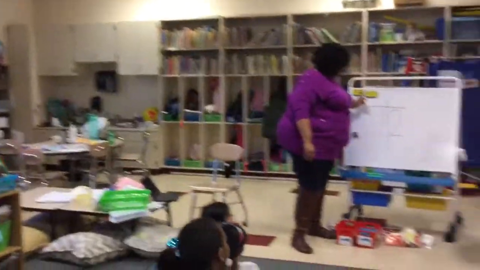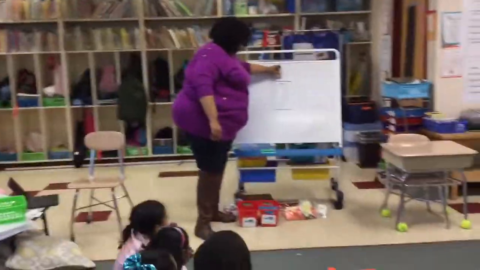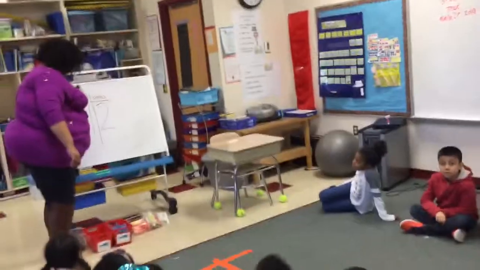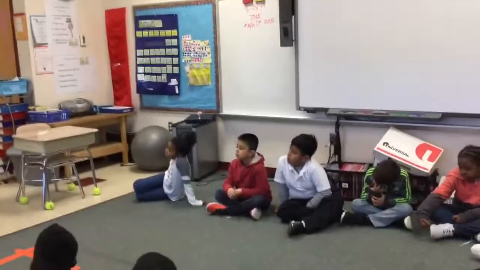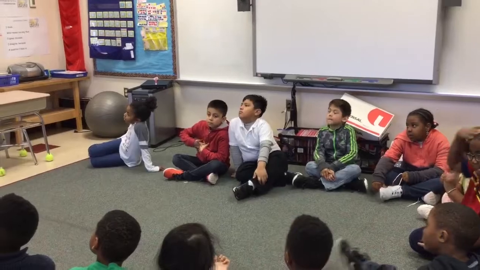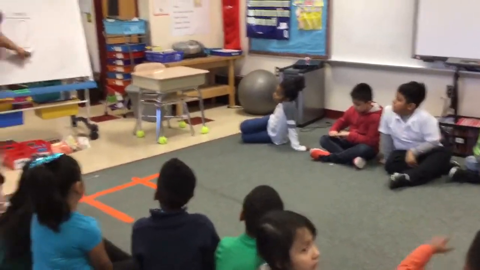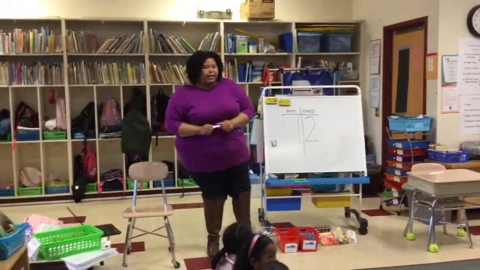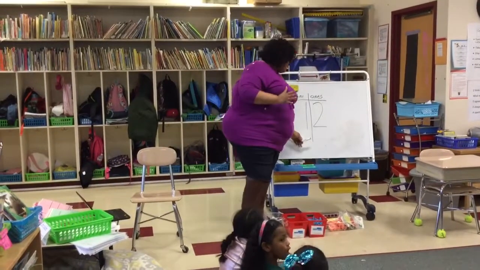The ones place. What place does the 1 belong in? The tens place. Very good. So the two digits in the number 12 are a 1 and a 2, but the value of each digit is different because of the place that it's in.